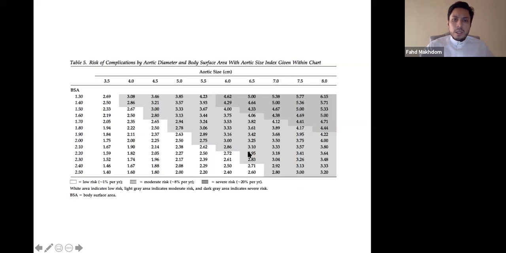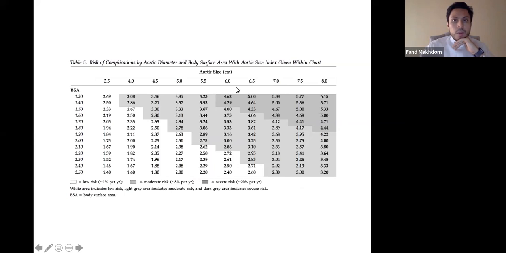It also shows not only that the size is the major factor for deciding whether we intervene or not, but also the relation of the size of the aorta to the size of the patient himself. You can see here the sizes of the aorta and the body surface area.